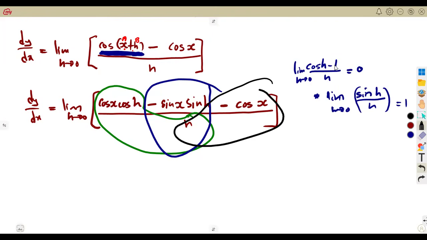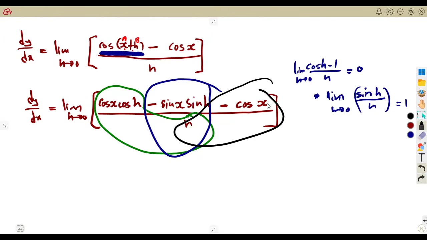We have (cos h minus 1) over h, not cos h over h. So this separation is going to affect you. The second part, sin h over h, we have that here. The second part is fine.